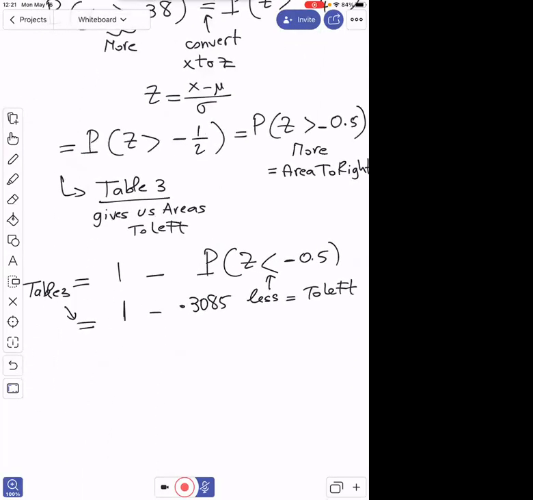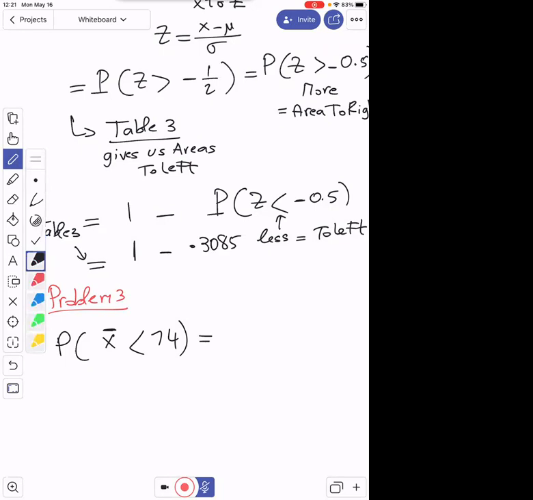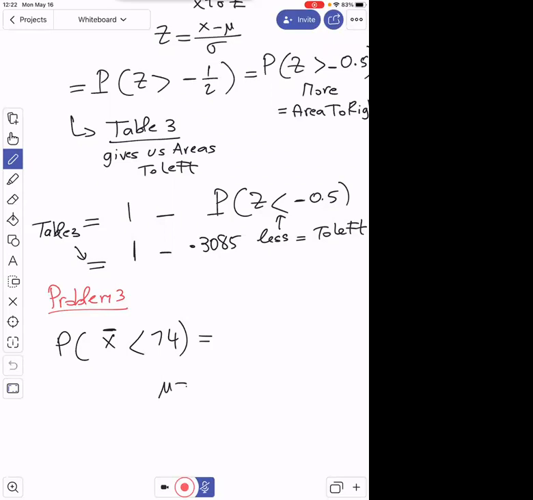So this is the problem theme. In this problem, it's X bar, right? The last sentence in the problem says X bar less than 74. So the idea is the same. We need to convert this X bar to the z, but the difference is we have a slightly different formula. Your mu is 75, your sigma is 5.